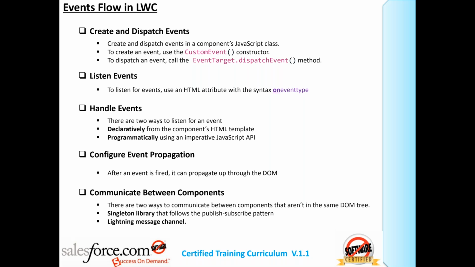Actually, create and dispatch are 2 steps, but as we do them in a single go, that's the reason I've given them as a single step. Actually, it's create event, dispatch event, listen event, configure event. But because we do create and dispatch in a single step, I'm giving it this way. Create and dispatch event, first step.